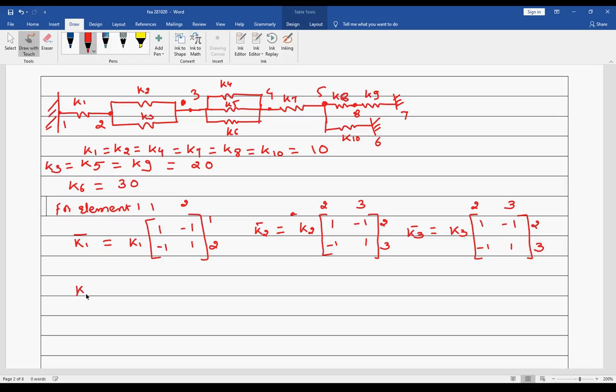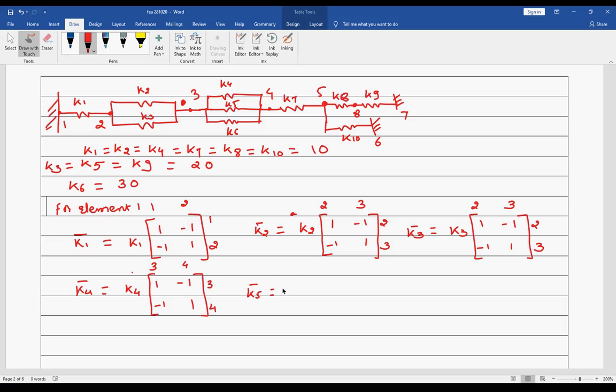Similarly, K4 bar will be equal to K4 times 1 minus 1 minus 1 1, and for K4 bar it will be 3 4 3 4.